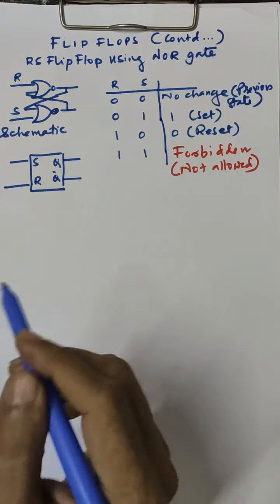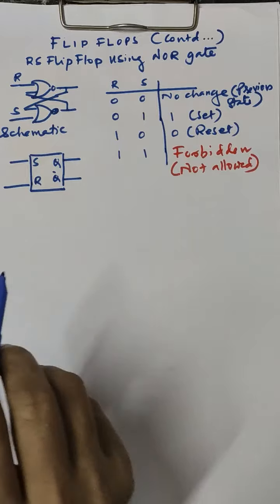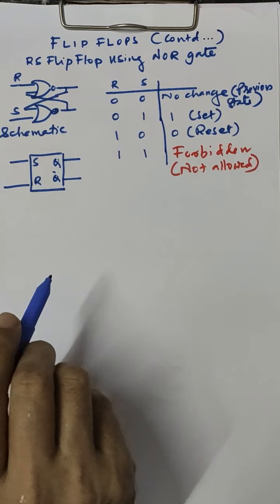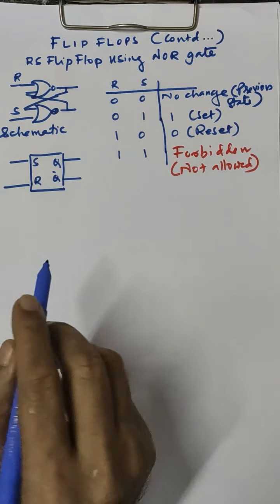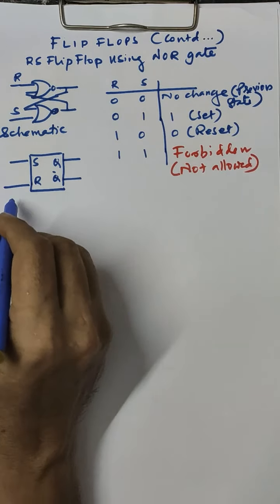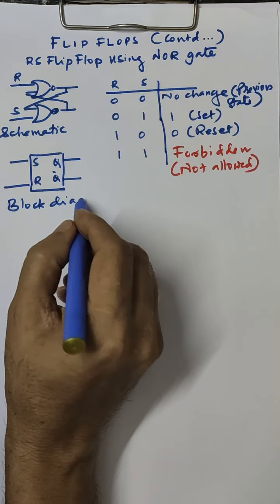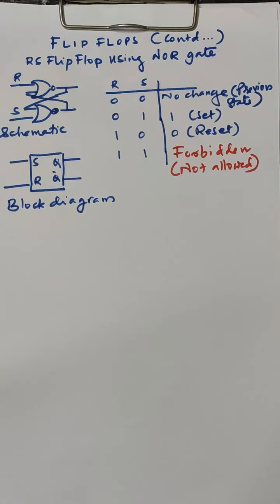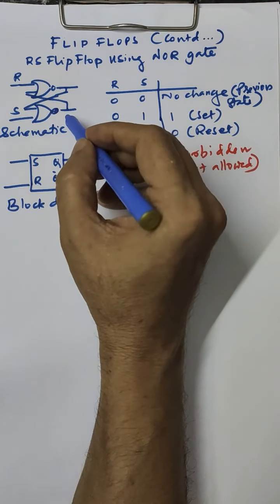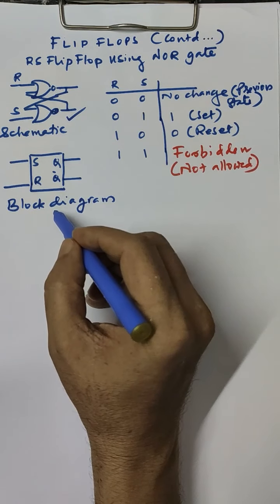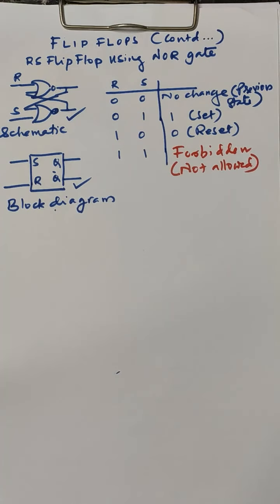And when the circuit becomes larger and larger, it is very difficult to manage a schematic diagram. So we will represent each module using different blocks. Such diagrams drawn with the help of different blocks are known as block diagrams. So this is the schematic diagram of an RS flip-flop, while this is the block diagram of an RS flip-flop.